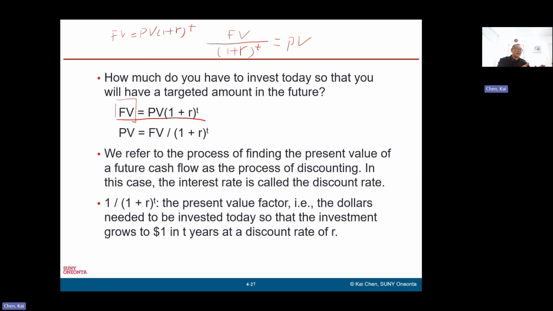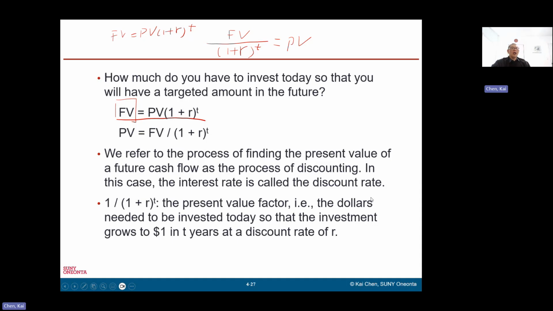In the reverse, if we know the future value and we want to find out the present value, we call this process discounting. In this case, the interest rate R that we used is called the discount rate.